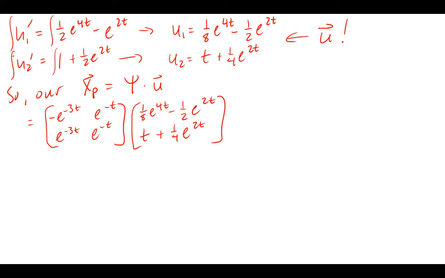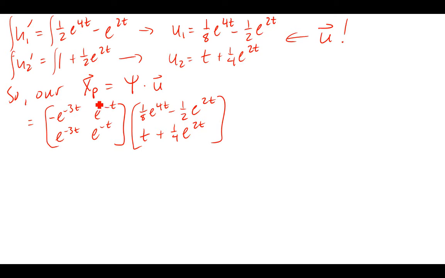Okay, that's my u. And I do have to multiply this out because you're going to get some simplification and cancellation here, which we do want to do in order to neaten up our answer in the best possible way. So I'm going to multiply here.